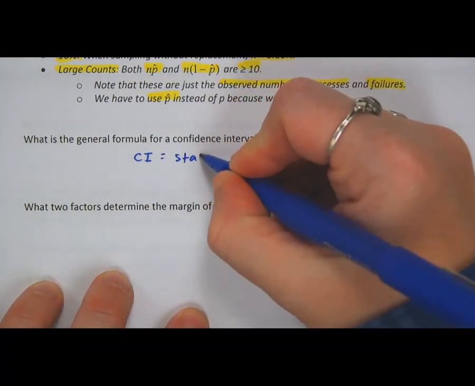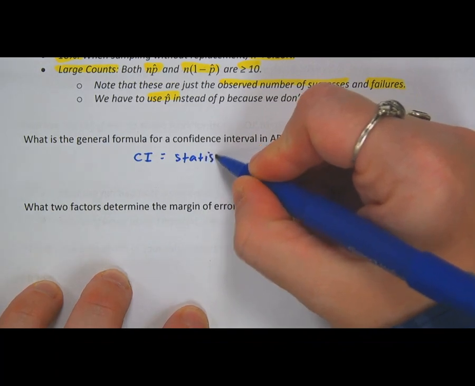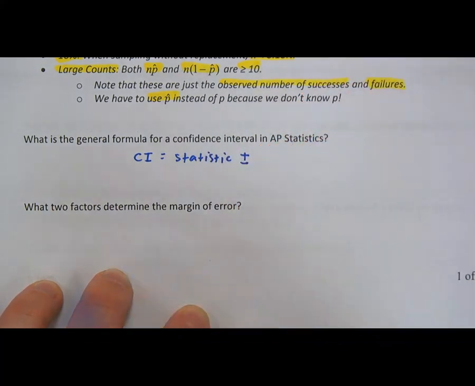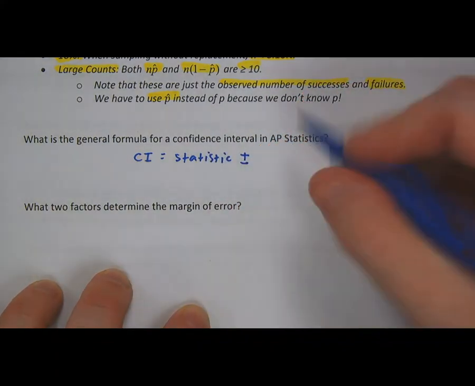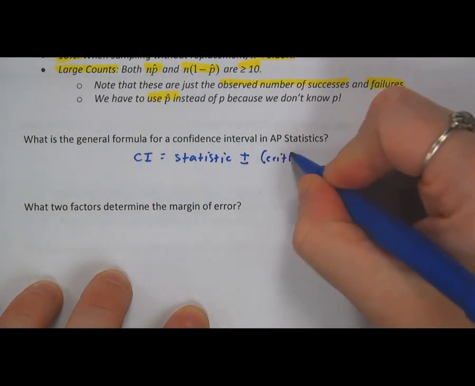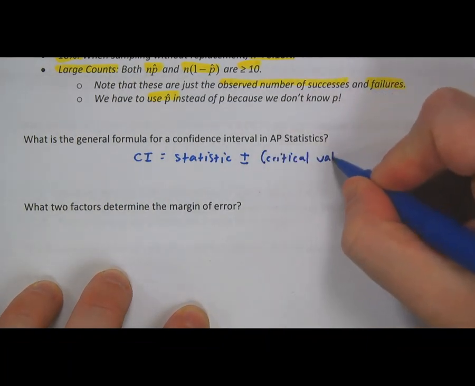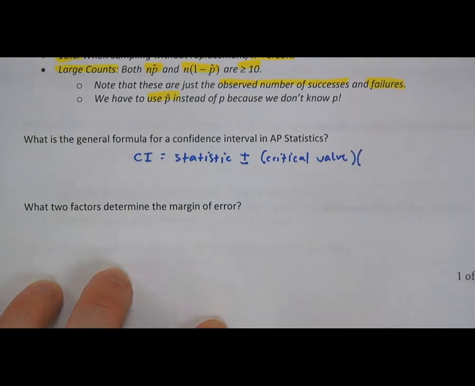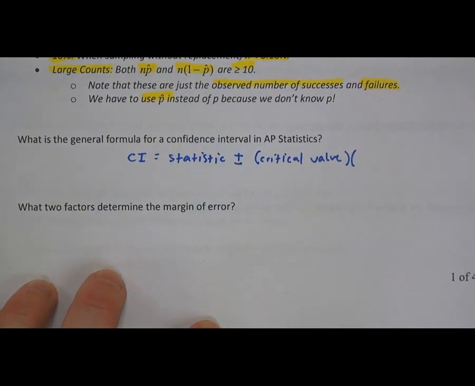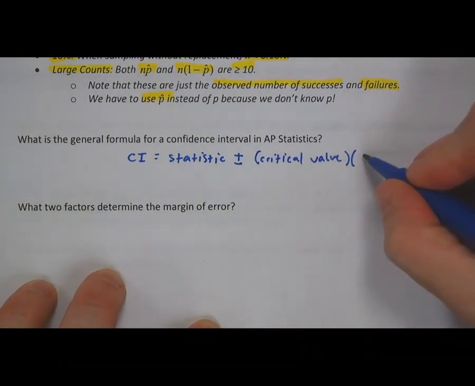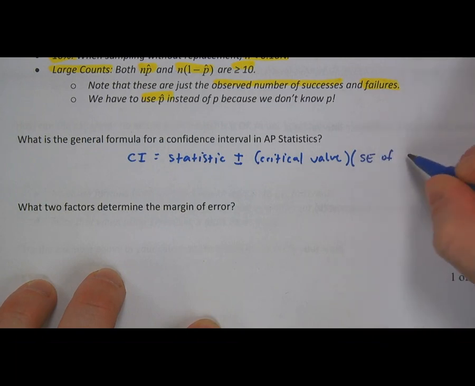So we're going to take the statistic and we're going to add or subtract the critical value, which you practiced finding at the top of your page in that part B, times the standard error of the statistic.